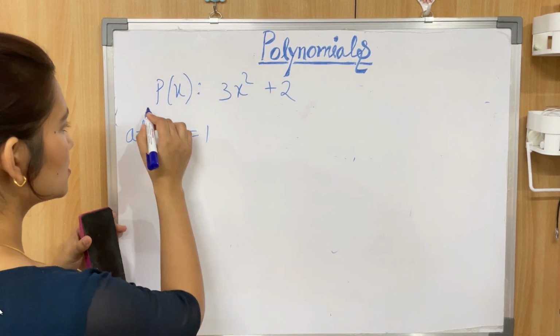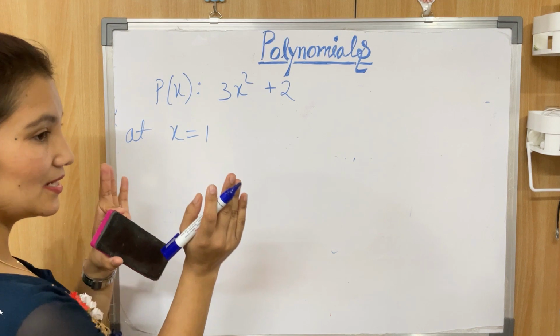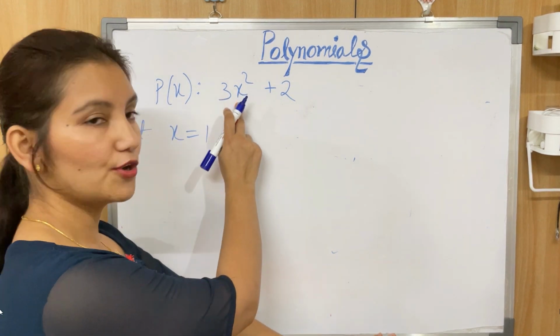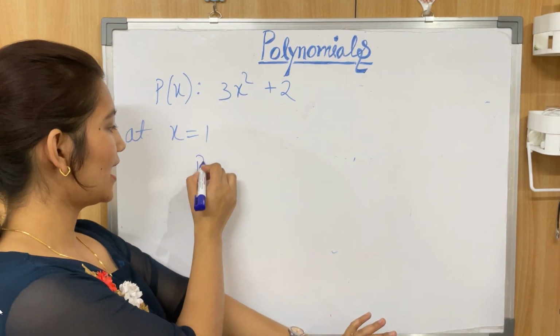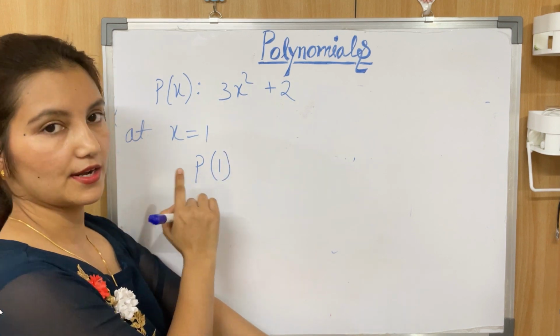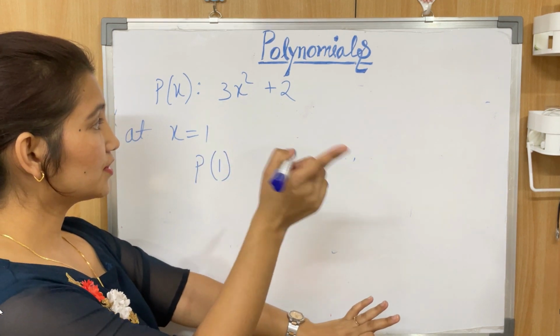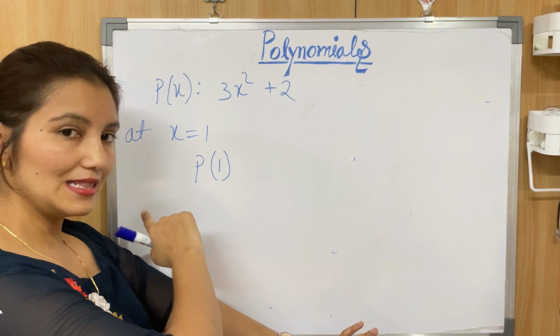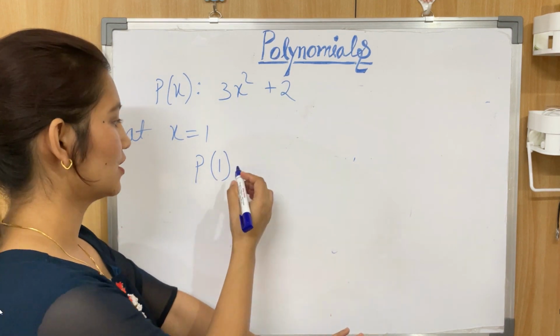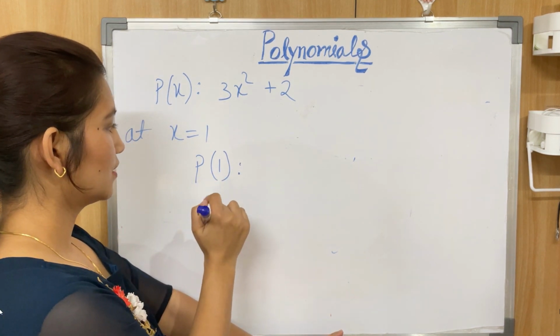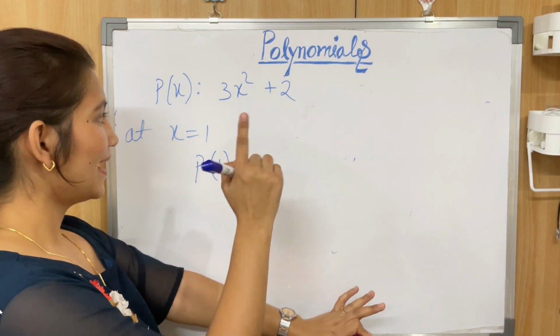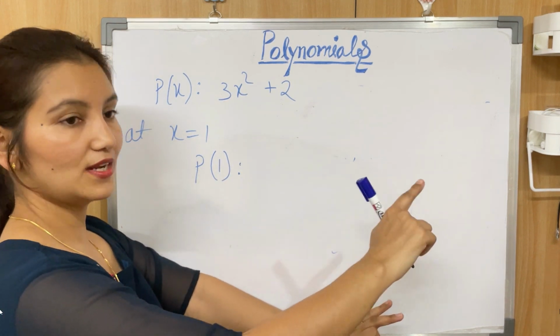So what I'm asking you to do is find the value of this polynomial at 1. It means I'm asking you to find p(1). You need to replace x with 1 in the whole expression.